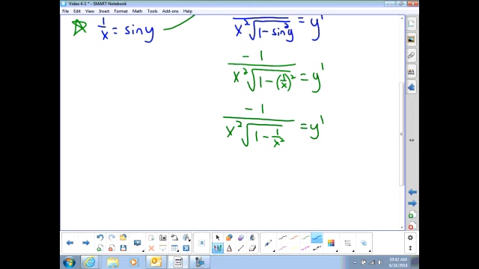And all we're doing now is a little algebra to neaten it up to make it look just like it is on the formula sheet. Technically, either of these green answers are equivalent. We just want to show that it's the same thing we just wrote down on the previous slide. So we'll get a common denominator under our radical. That means that this is x squared over x squared, giving us x squared minus 1 over x squared. That's equal to y prime.